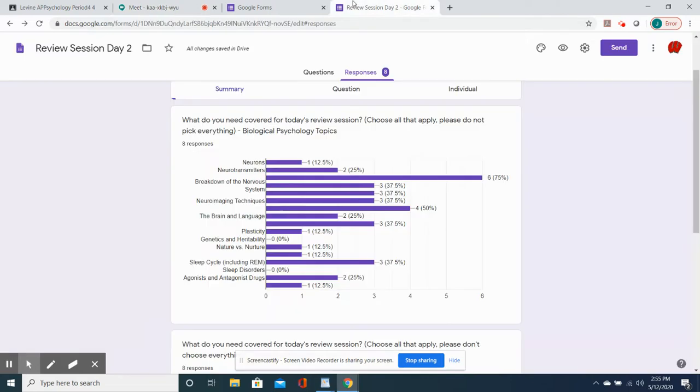All right. Was there anything else? Agonist and antagonist drugs, a couple of people said this is basically just how drugs interact with the brain.